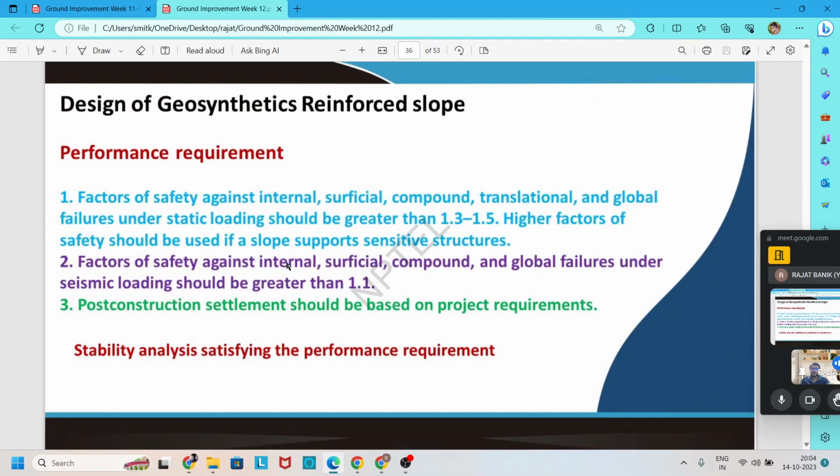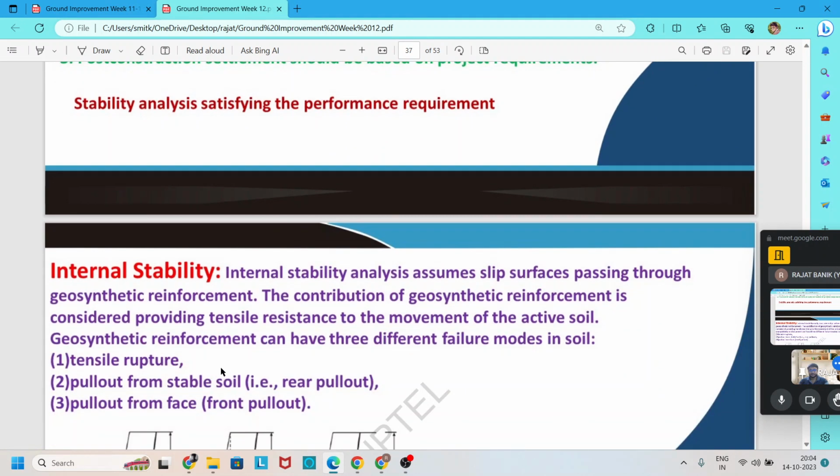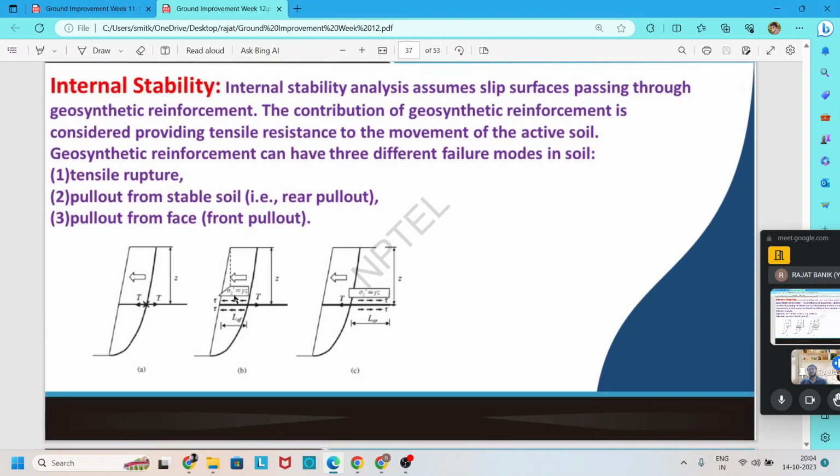Now, some considerations or requirements we also need to check while designing the reinforced slope. It is said that the global factor of safety should be greater than 1.1 and also in between 1.3 to 1.5. Then we also discuss the internal stability based on three failure modes: tensile rupture failure, pull out from stable soil failure, that means rear pull out, and pull out from face failure, that is front pull out.